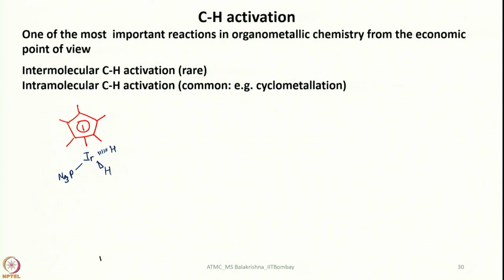If I want to perform CH activation here, first I have to vacate some coordination sites on the metal. For that, the best way would be to shine UV light, that means you do a photochemical reaction. Under this condition, H2 is eliminated to generate this transient species. Now this species is ready for oxidative addition.